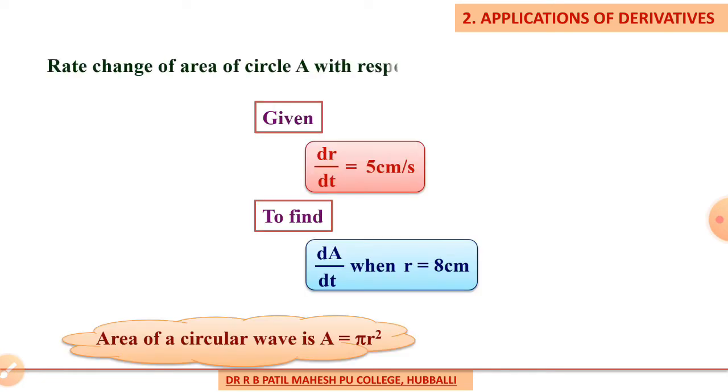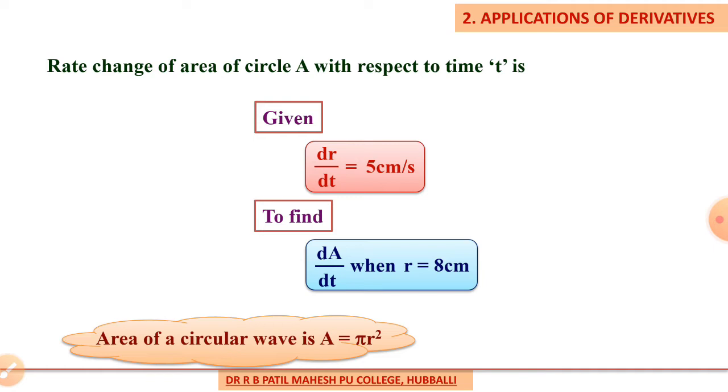First we'll start with the formula. Area of a circular wave means area of a circle, that is A equal to pi r square.